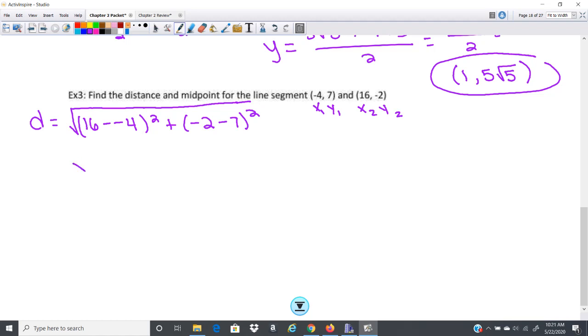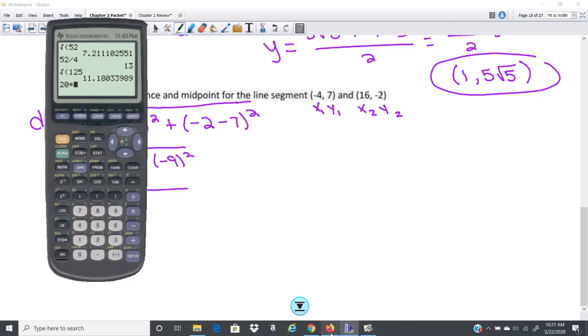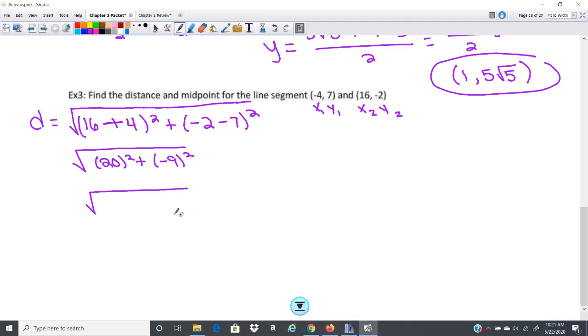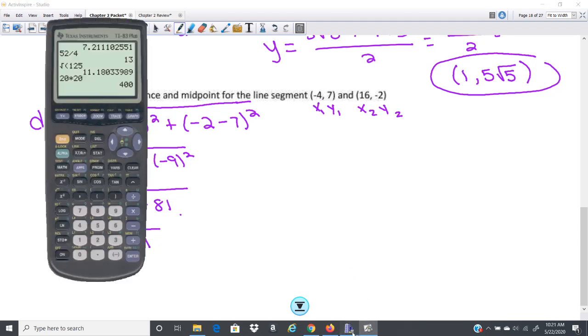So that's going to give us, this will be plus, so 20 squared plus negative 9 squared. And 20 squared, I believe, is 400. Yeah. And negative 9 squared is positive 81. So this is going to give us 481, which might be a perfect square. Let's take a look.